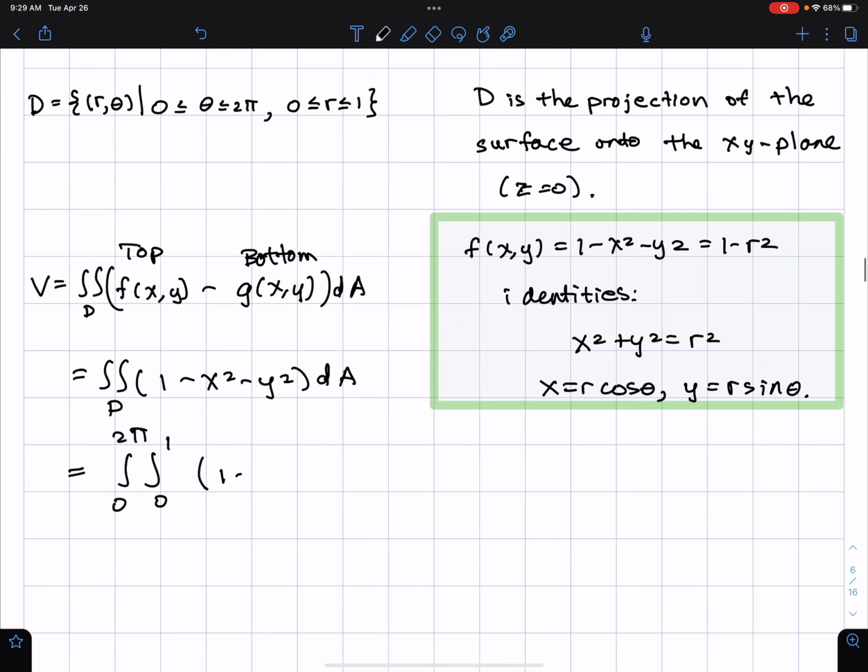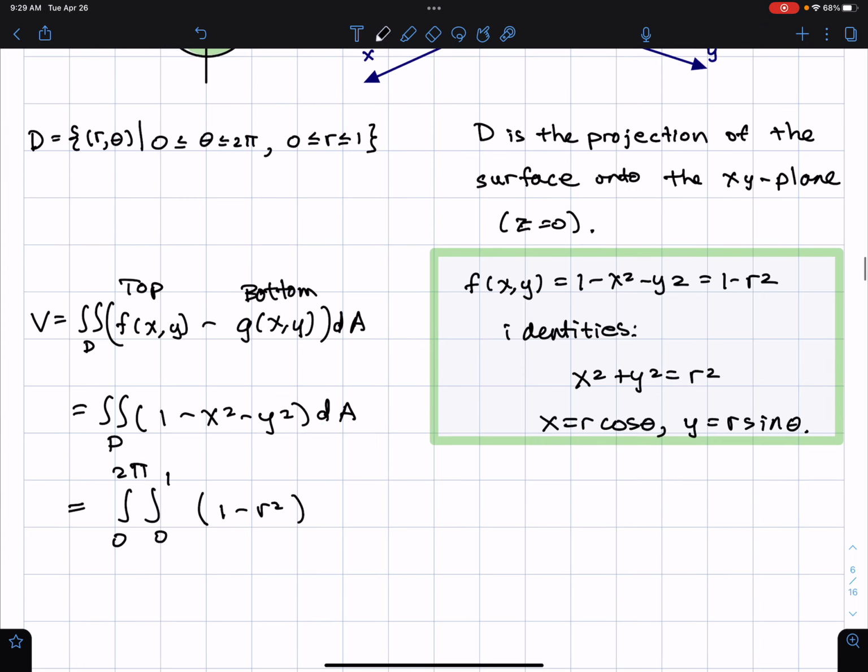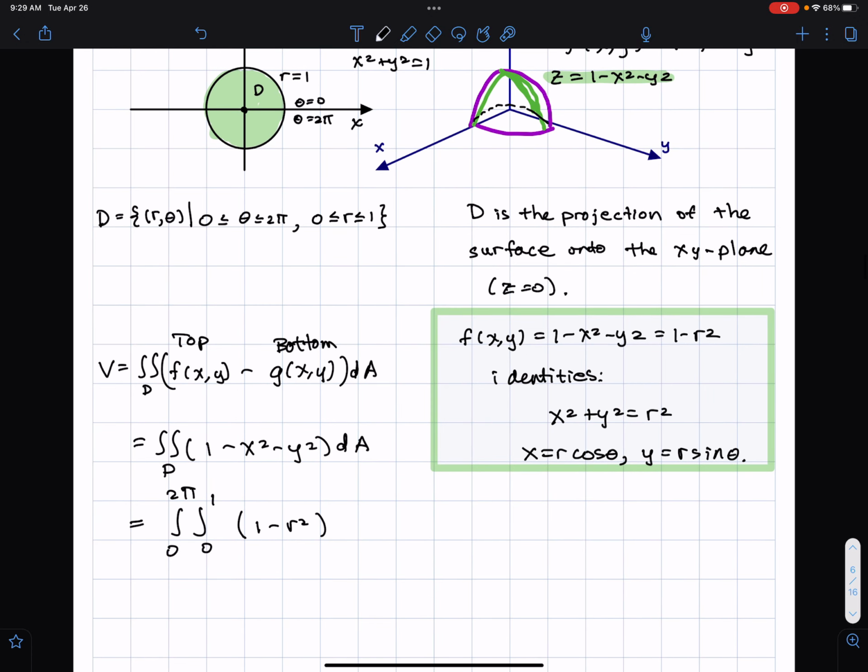So I have 1 minus r squared. Now, for dA, what am I going to write down? Anybody want to tell me? Go ahead. I'm a little confused. Why does x squared minus y squared turn into r squared? Right, but do you factor out a negative?